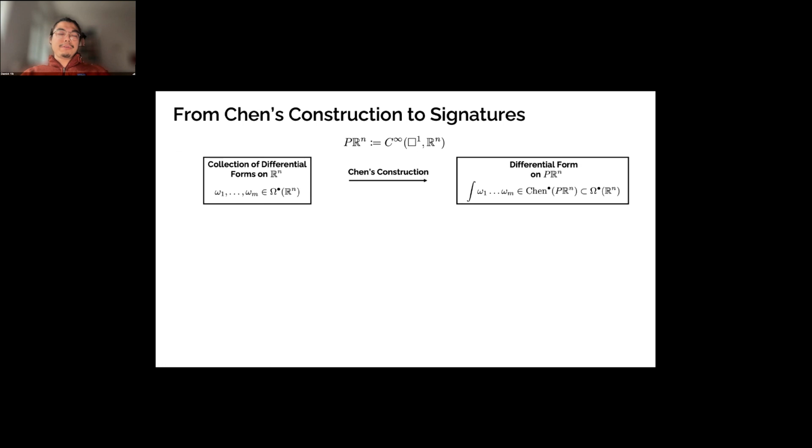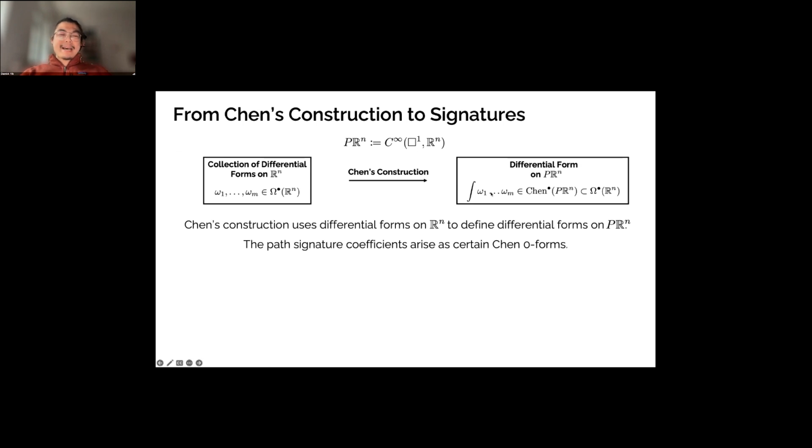This is very similar to diffeological spaces, which I think are a bit more common now. We won't need to go into this in any detail. We can just think about differential forms on path space as some analog of differential forms in infinite dimensional space.